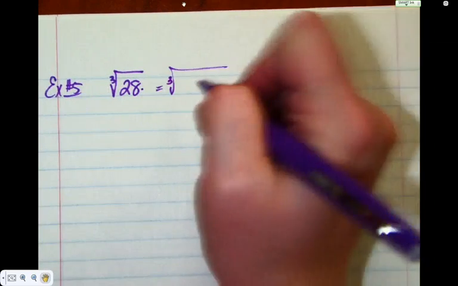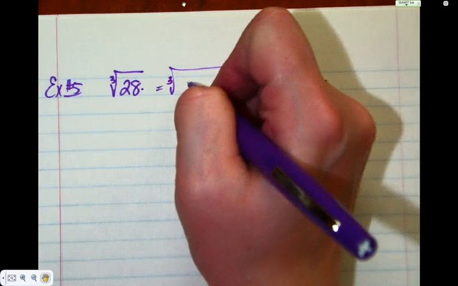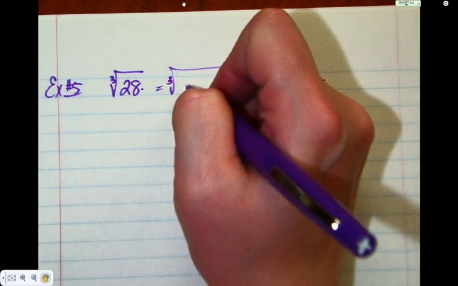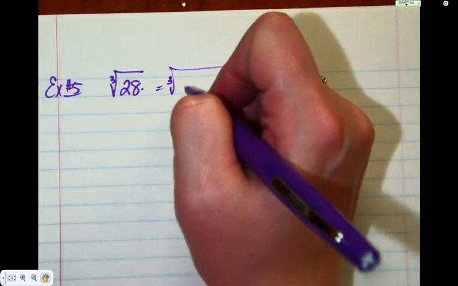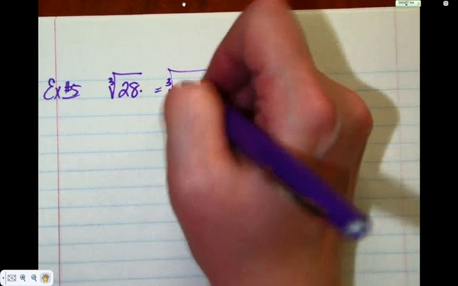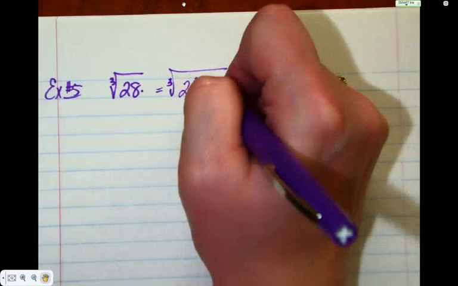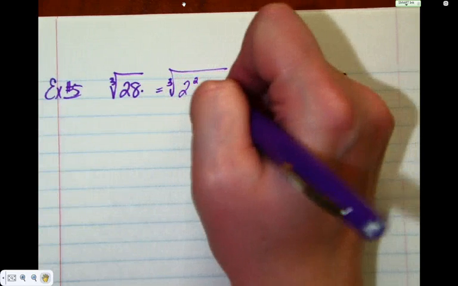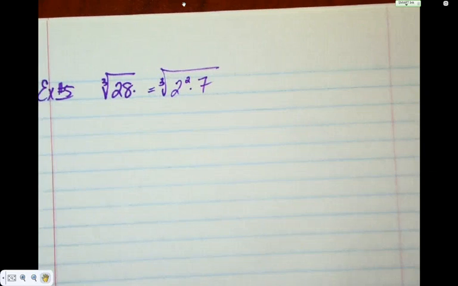Okay, give me the factoring breakdown for root 28. Yeah, just give it straight to the factoring. What do we do?